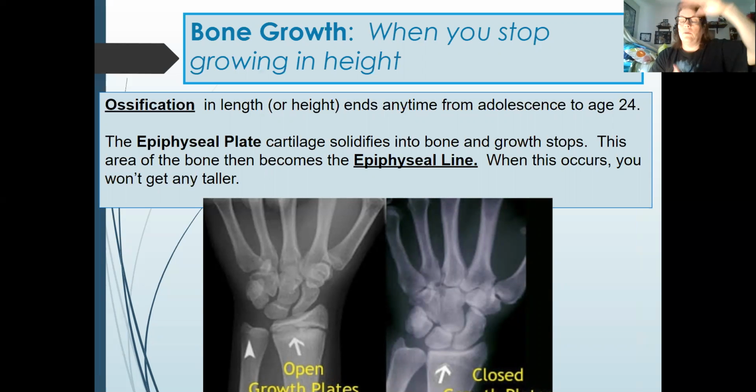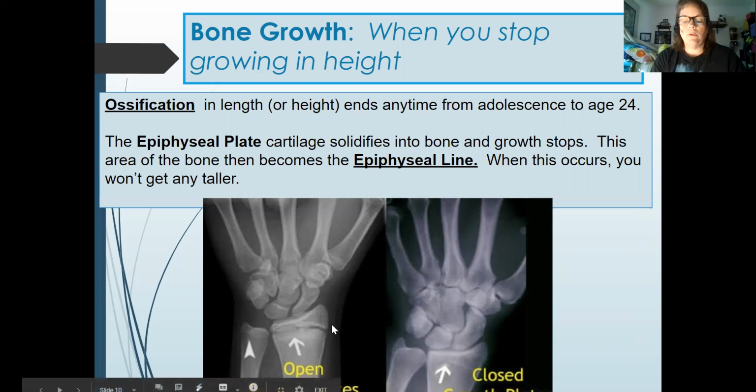You don't really grow any taller, or your bones don't grow longer. They continue to grow outward, and we'll talk about that in a minute. But this area of the bone that used to be the plate is now going to turn into something we call the epiphyseal line. And again, it's just where the cartilage has solidified and it no longer is going to produce new cells for lengthening the bone. And when that occurs, you don't get any taller.